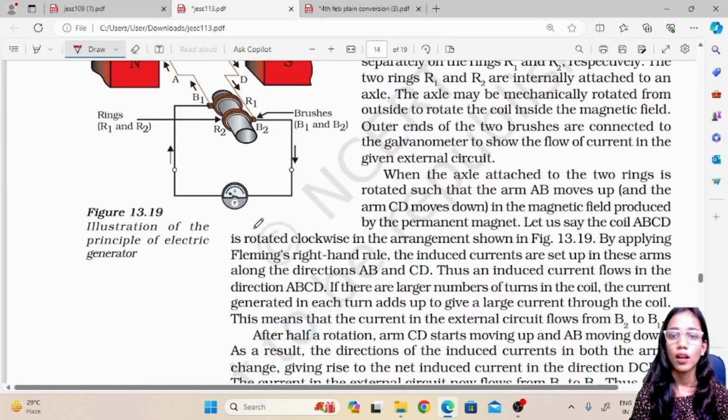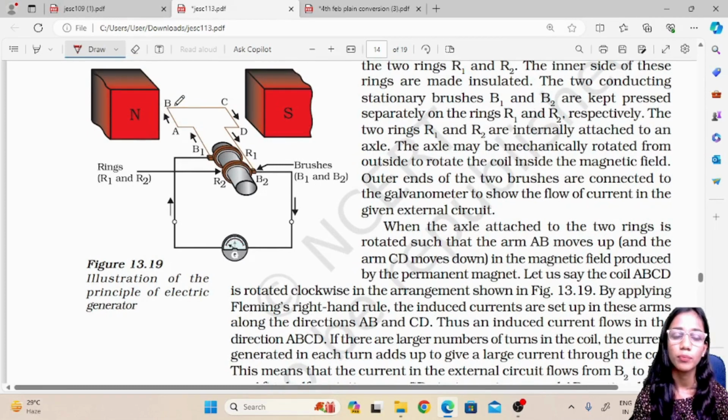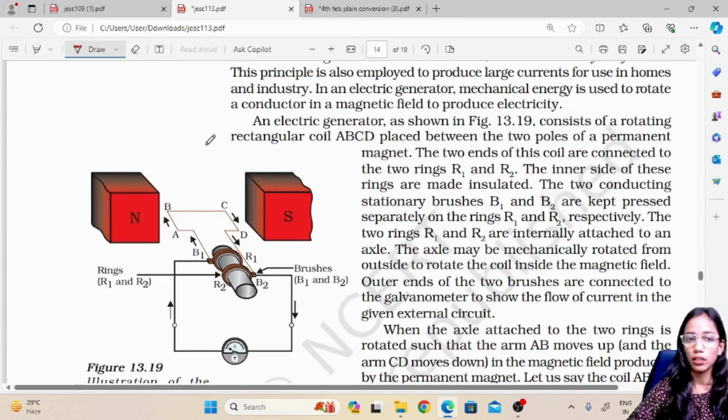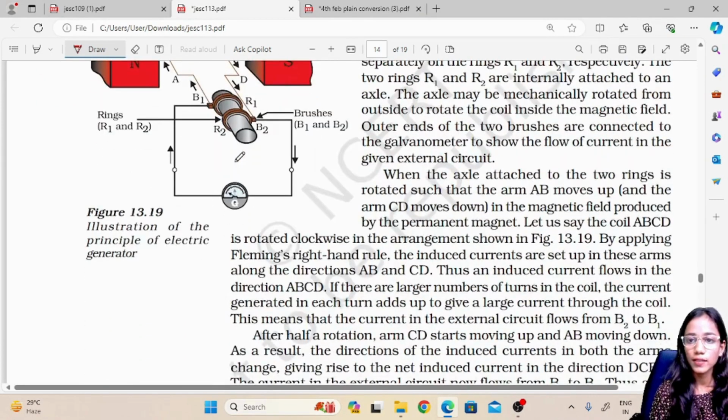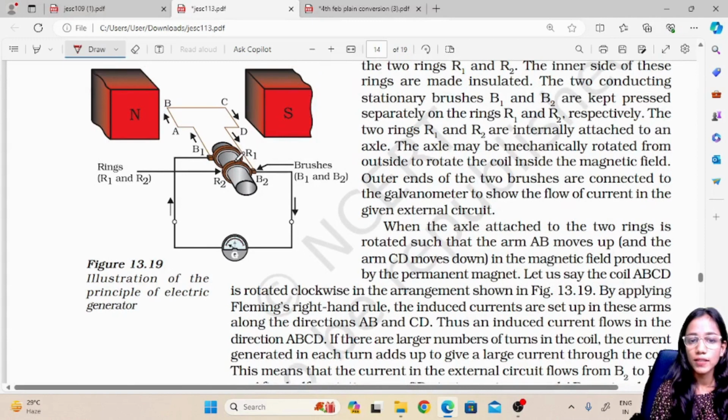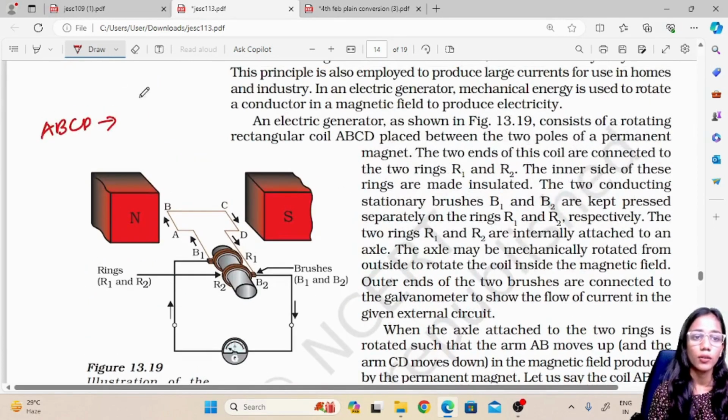When the axle attached to the two rings is rotated such that arm AB moves up and CD comes down, the arm ABCD is rotated in the clockwise direction. If you apply Fleming's right hand rule, the induced currents are set up in the directions along arms AB and CD.